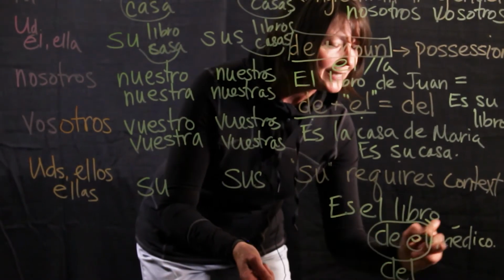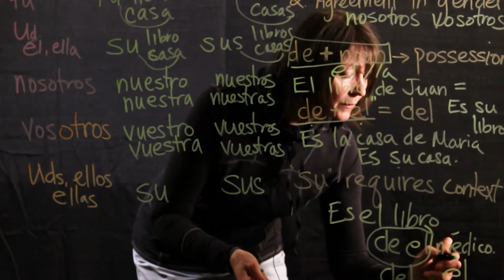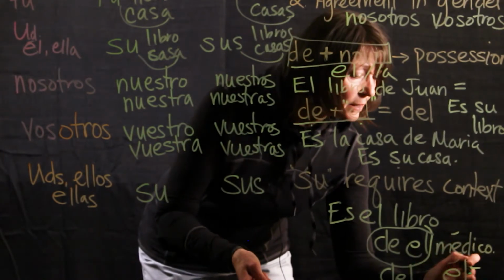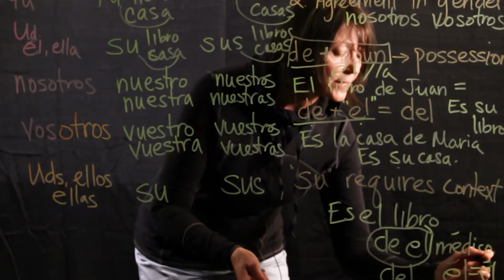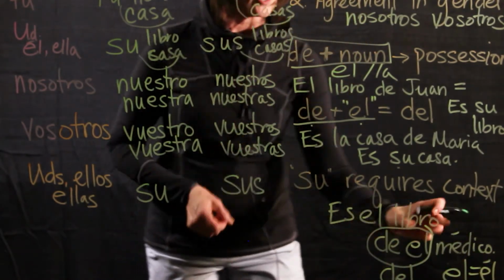Es el libro del médico. But remember, el is the. El without the accent is the. El with the accent is he. So don't get those confused. If there's an accent, you can't make that contraction.